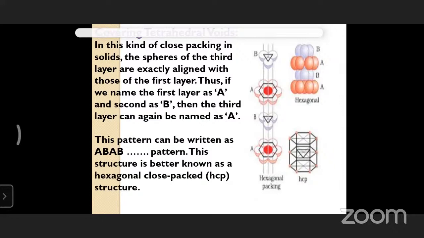After Bragg's equation, we discussed what type of solids packing there is, the coordination number, and the density of the crystals. Density of the crystals we have discussed, as well as how the packing efficiency is calculated, how the packing fraction is calculated, and the contribution of atoms in different lattices.